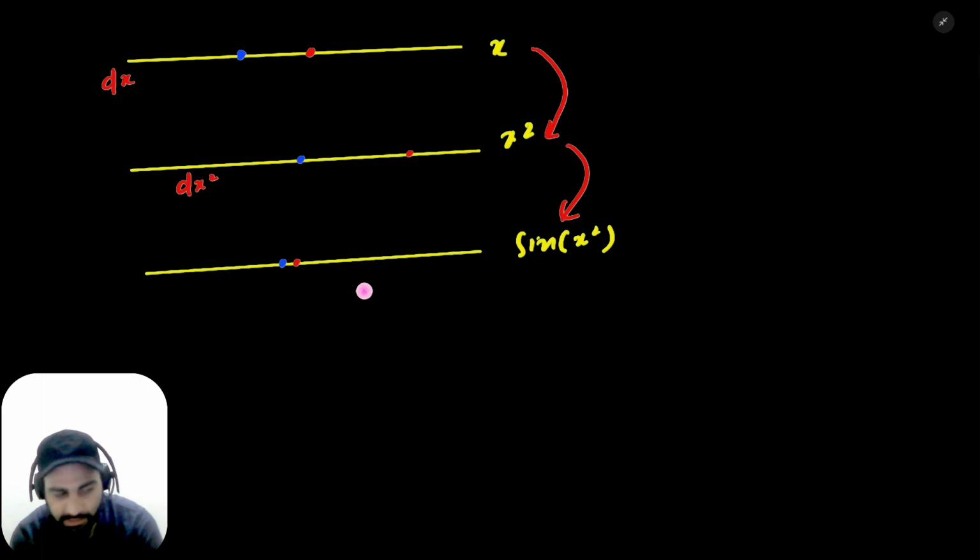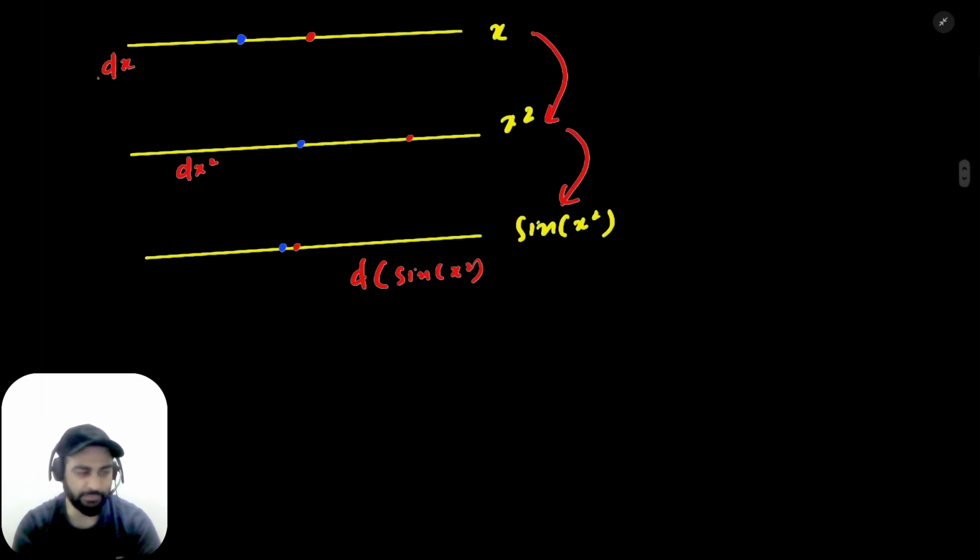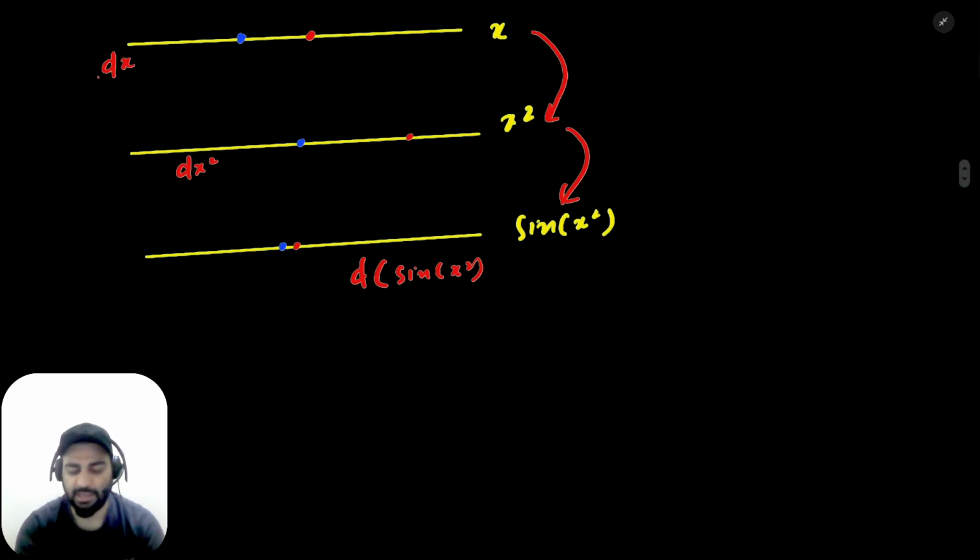Similarly, we'll have the change in sine of x square. If we make some slight change in x, we'll call it dx, then that change will propagate, and this will become a change in x square, which is given by 2x dx. This is the change in x square that will happen.